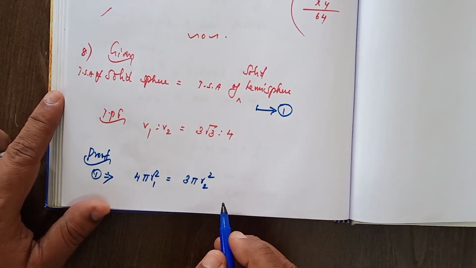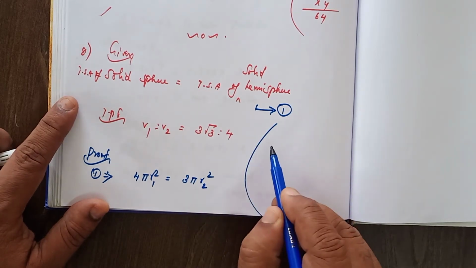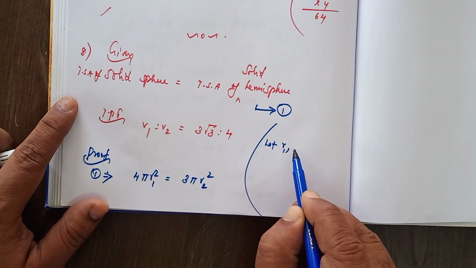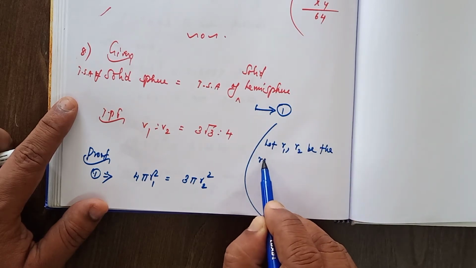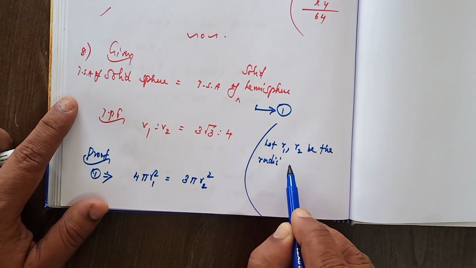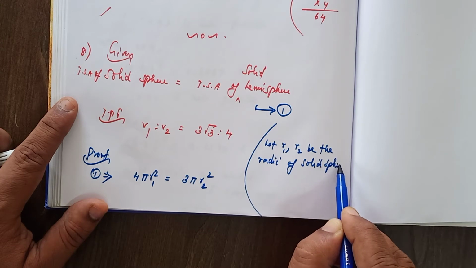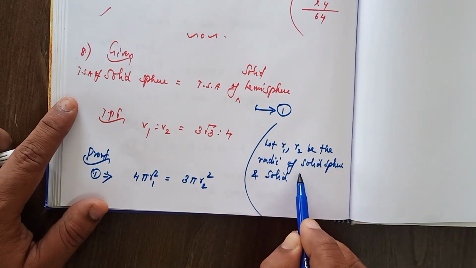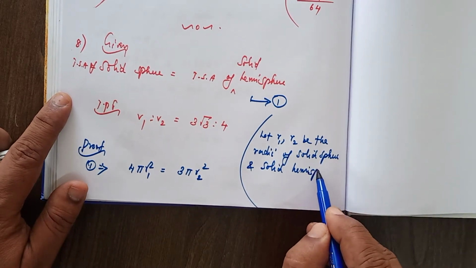So 4 pi r1 square equals 3 pi r2 square. Here I write, let r1 and r2 be the radii of the solid sphere and solid hemisphere respectively.